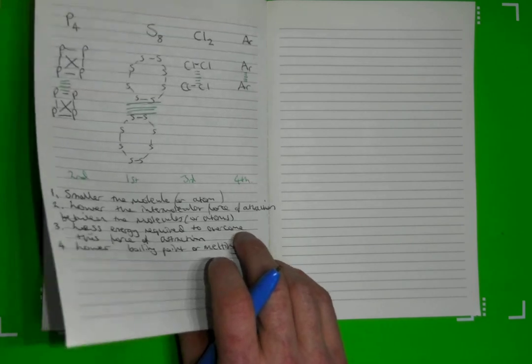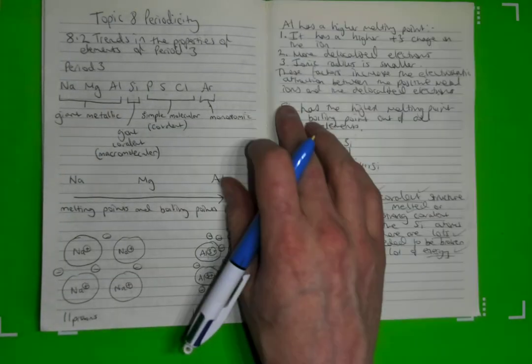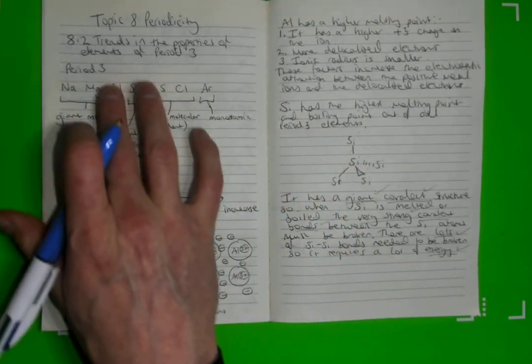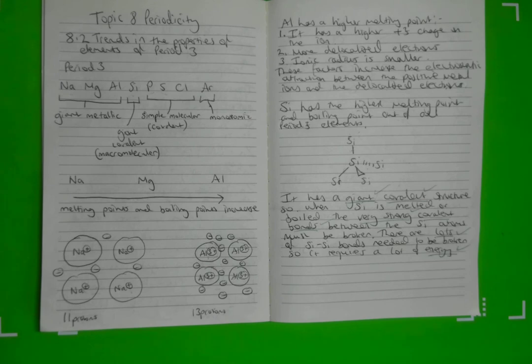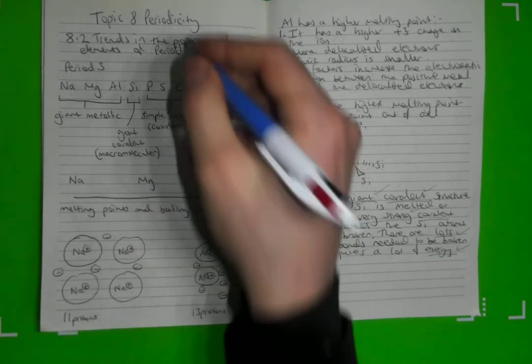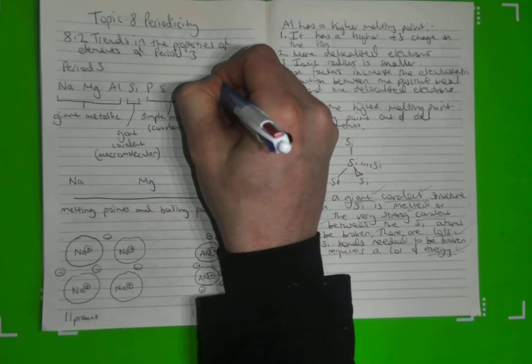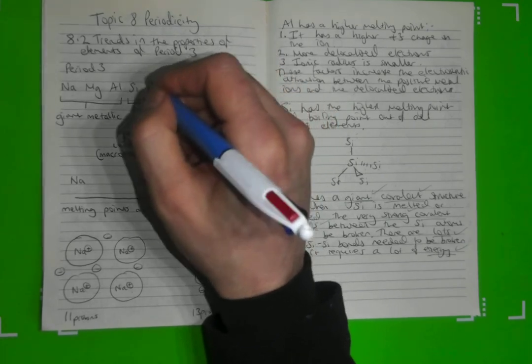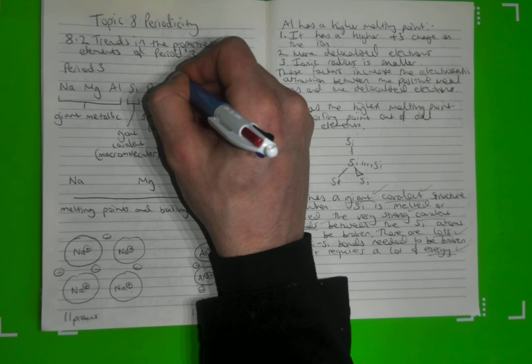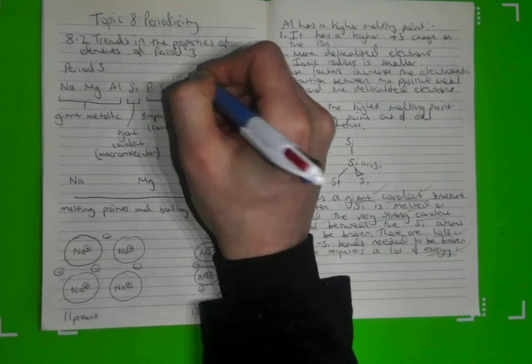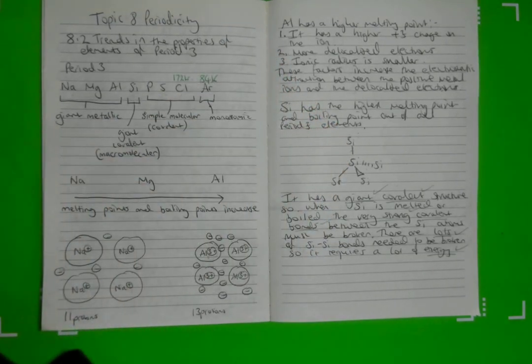So the lowest out of all of these is argon, and that has got a melting point of 84 Kelvin. Now, the next one is 172 Kelvin. That is chlorine.